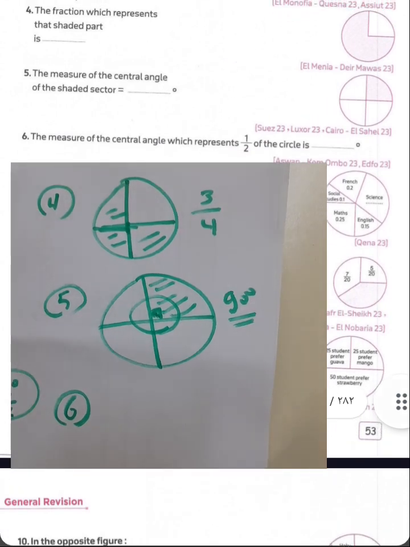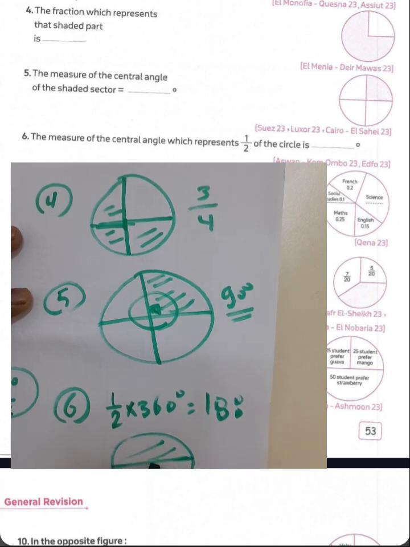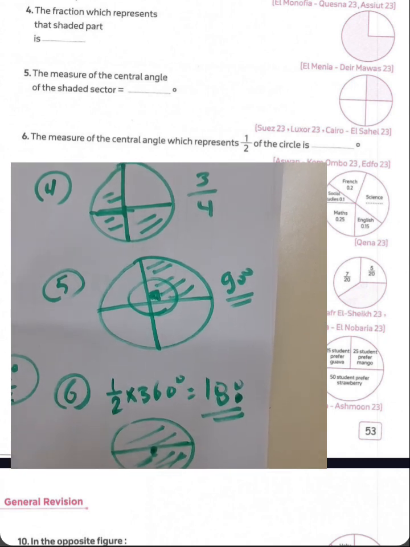The measure of the center angle which represents a half circle is half of 360, it will be 180 degrees. We have a circle divided into 2 parts here, up and down. The measure of the half of the circle will be 180 degrees.